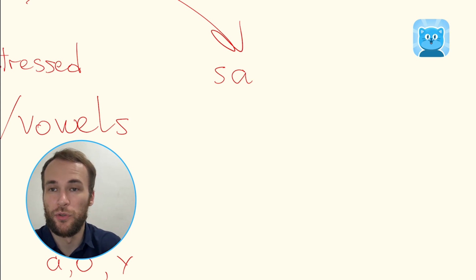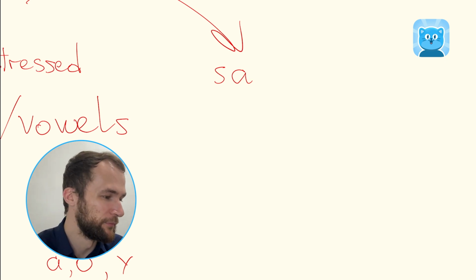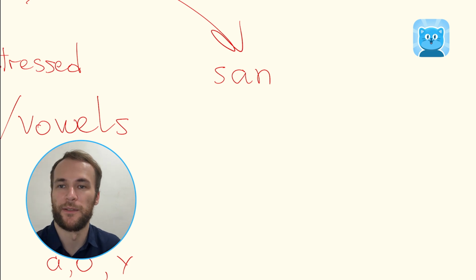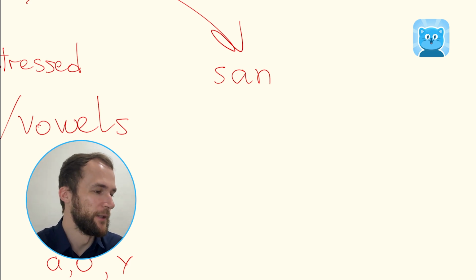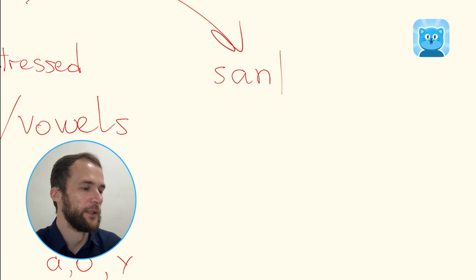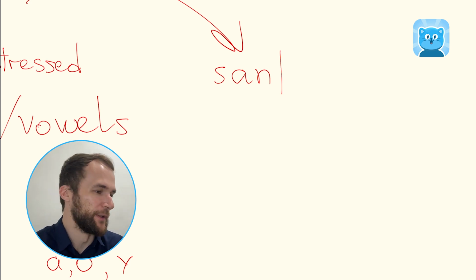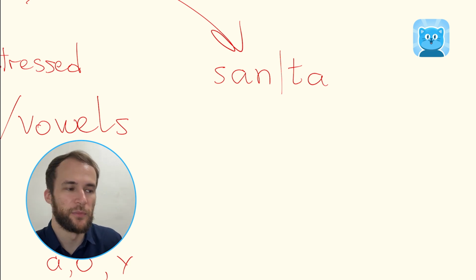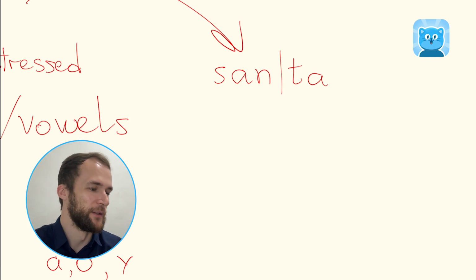Or it can have three letters, two of them are consonants and one is a vowel, san, right? So this is one syllable, and then the other syllable is, let's say, t and a. So the word Santa has two syllables because there are two vowel sounds, a and a, right? Santa.